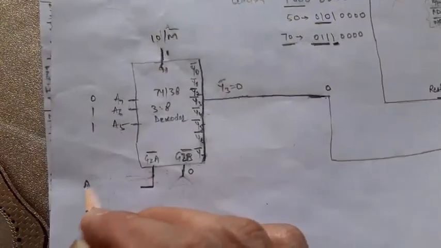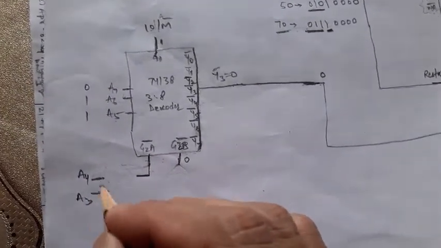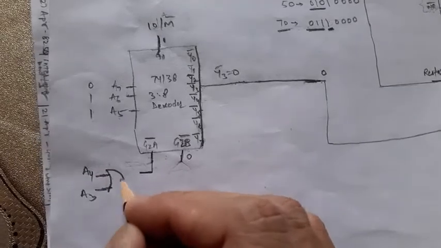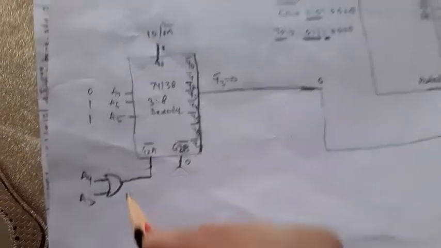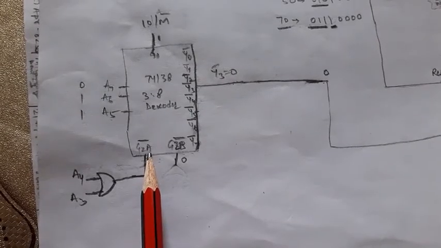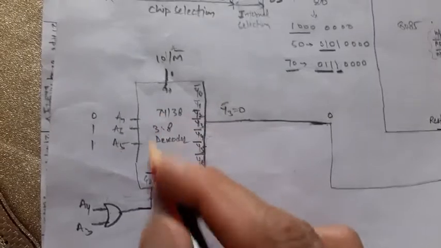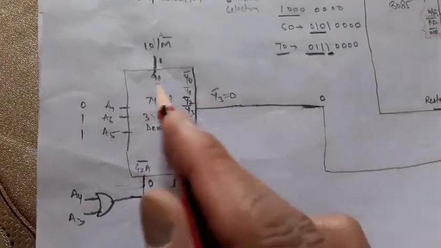How will I connect? Suppose I use A4 and A3. These values are 0, and only 0 should come at this G2A bar, because this is an active low signal. This enable value should be 0 only, then this decoder will be enabled.